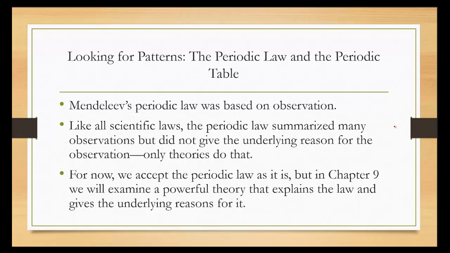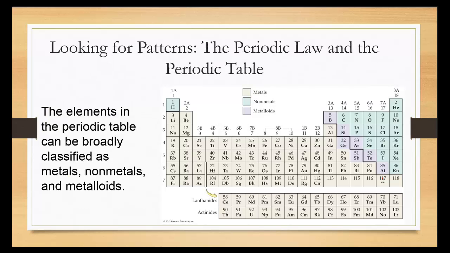But in Chapter 9, so in the future tutorials, we will examine the powerful theory that explains the law and gives the underlying reasons for it. So if you're not following this particular book, just know that in future tutorials, it'll talk about why the periodic law exists, the theory behind it. So let's look at other ways that it's been organized.